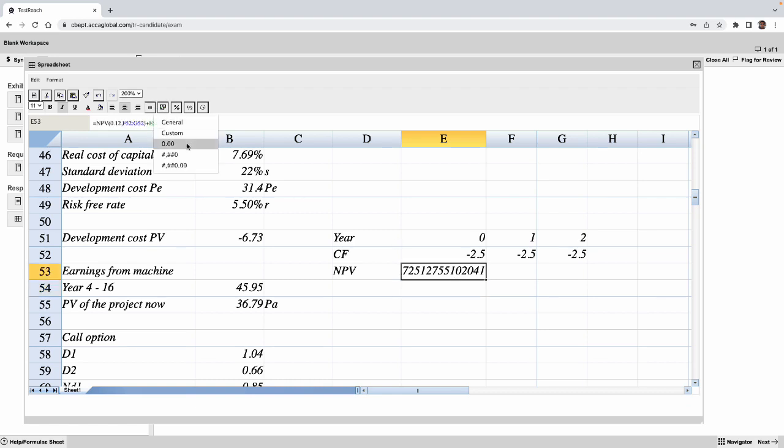Does that make sense? Got it? So that's basically that one. Now, the next thing is, okay, we're done with this 6.73 already. You know why the 6.73 is that? That's the development cost. You're going to spend this money to do this project.